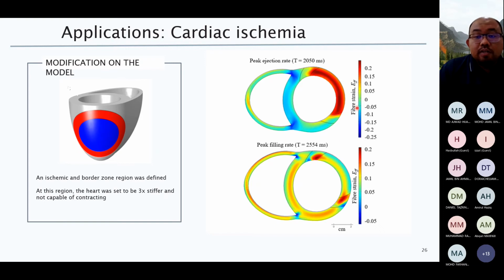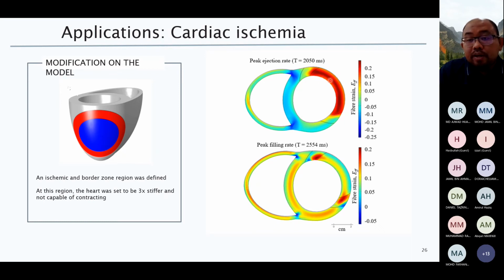One thing that we found is when we look at the stress along the fiber, the stress at the disease region is positive while the other region is negative. When you're contracting, you're supposed to get a negative stress, in this case, negative strain.